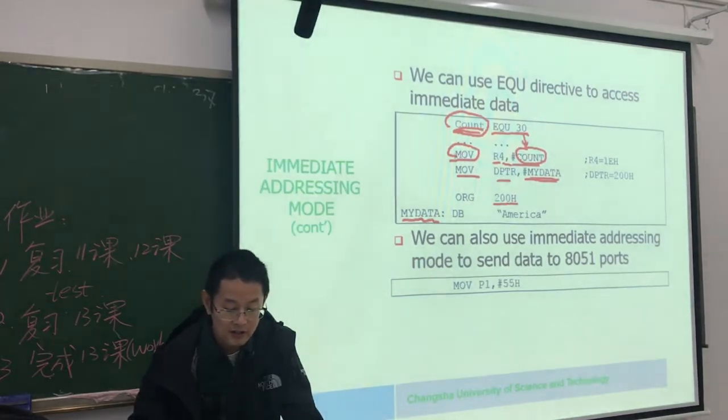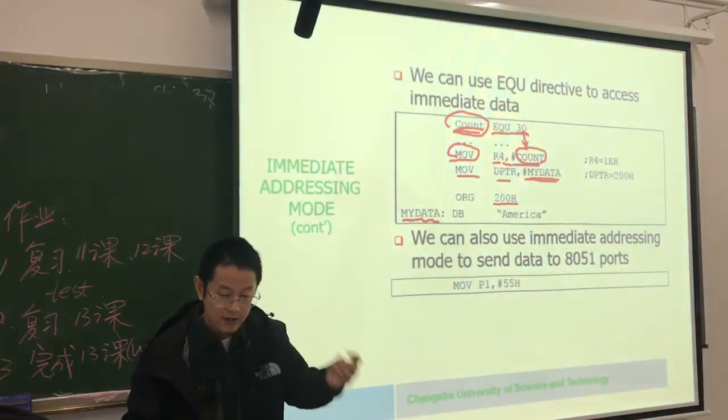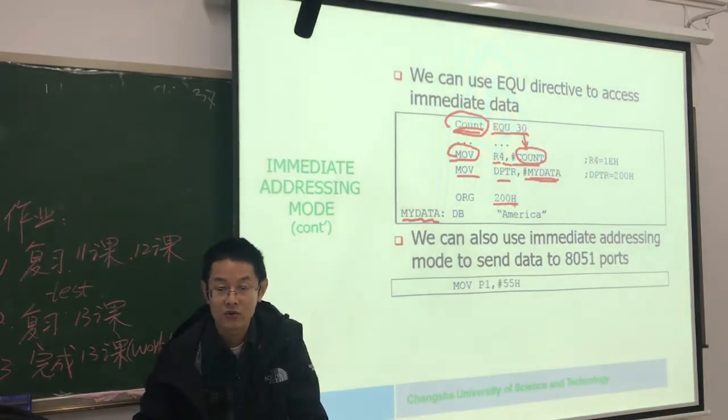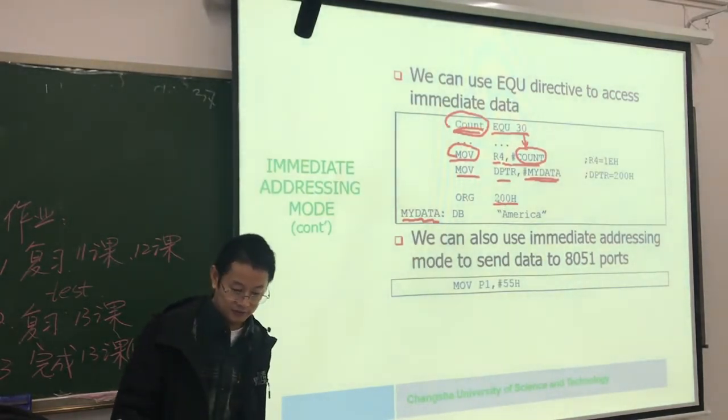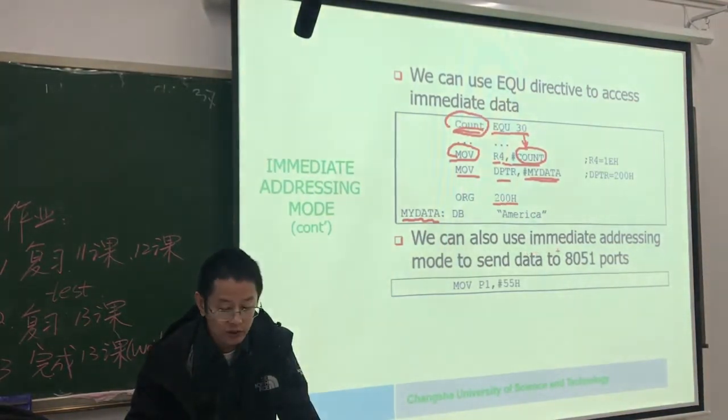So in this example, you can replace count with 30 and mydata with 200H. We can also use the immediate addressing model to send data to the 8051 port. This is right: MOV P1, #55H.